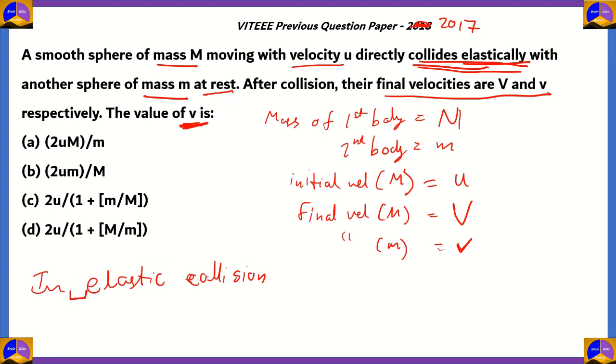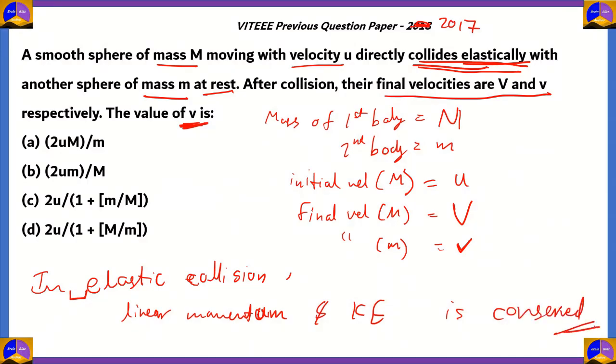That's a whole other concept. In elastic collision, the linear momentum and the kinetic energy of both objects is conserved. So therefore, there is a conservation of linear momentum as well as conservation of kinetic energy acting in this scenario.